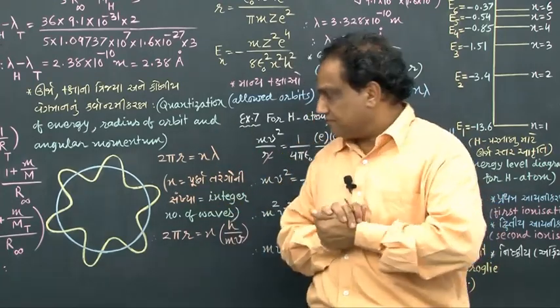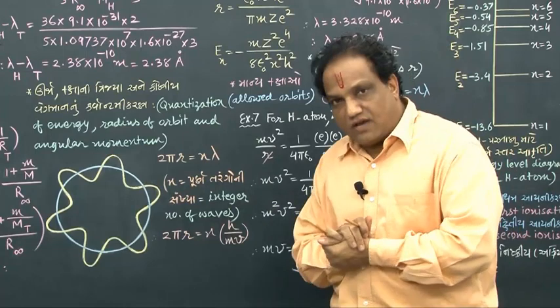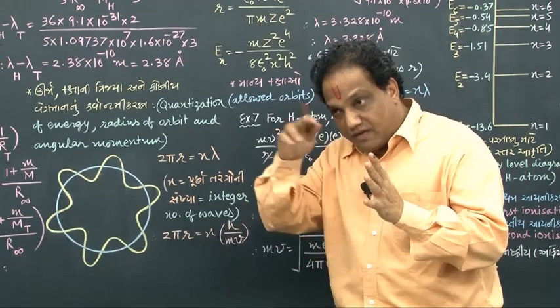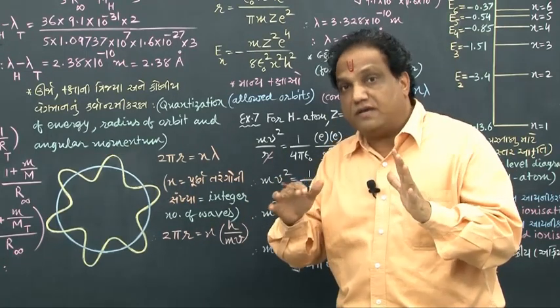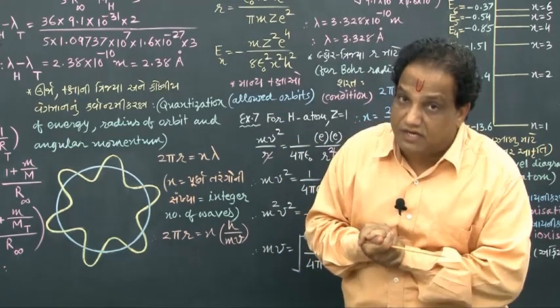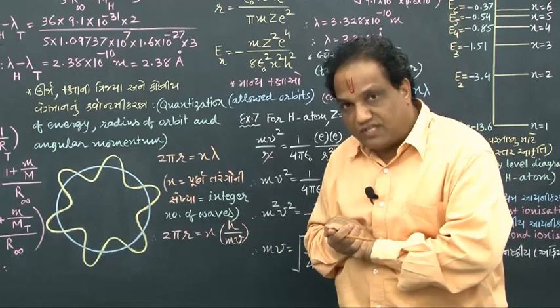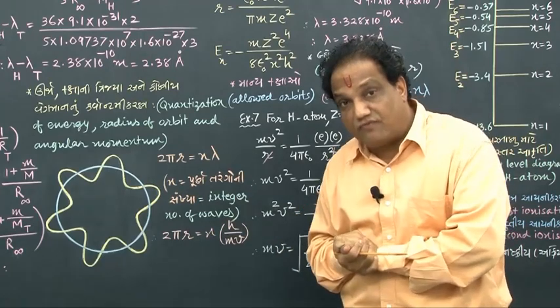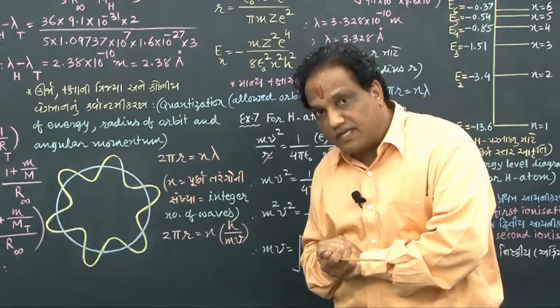Let us see. At present, I have represented moving electron by some integer number of waves. At present in the figure, you will find 6 number of waves. How many? 6. How?